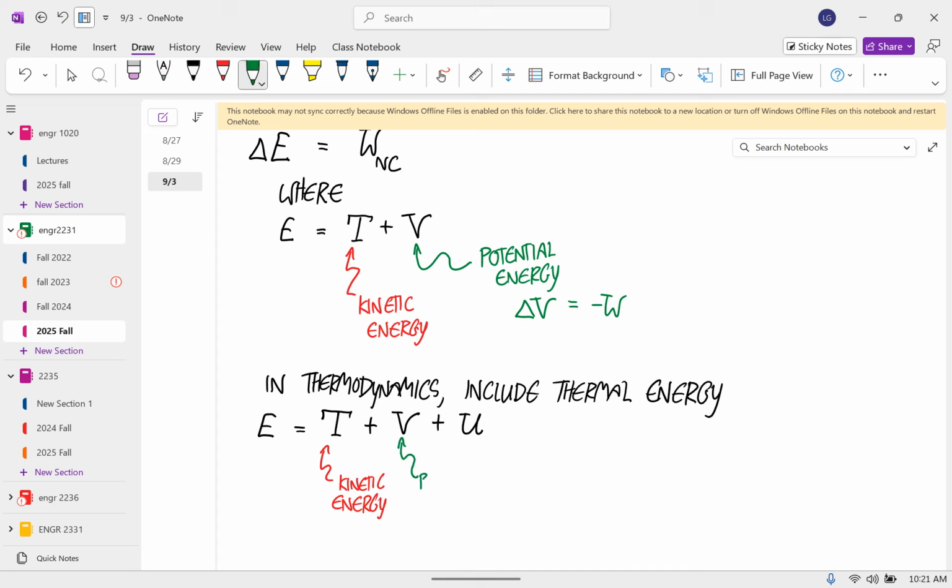This is the potential energy. And potential energy only exists for conservative forces. And then U is called the internal energy. You can think of that as thermal energy. That's how much the molecules, how fast they're moving, the temperature. It's related to the temperature.